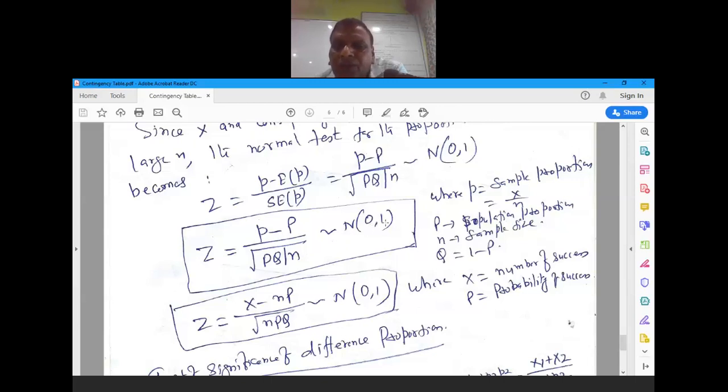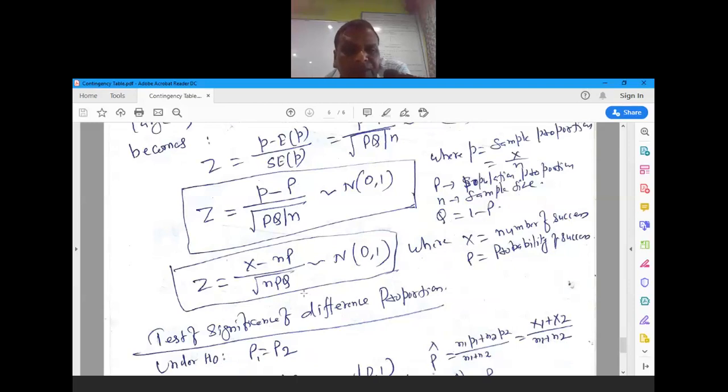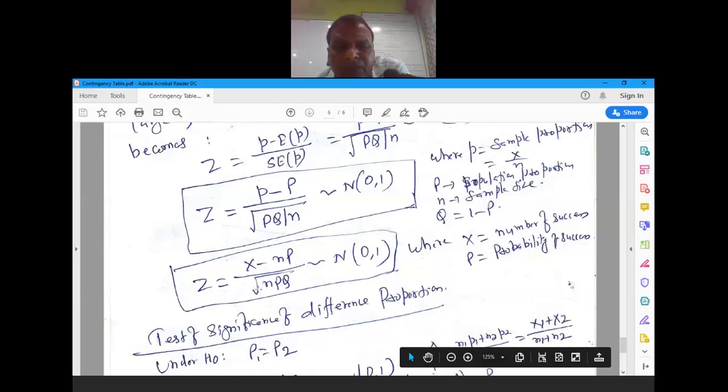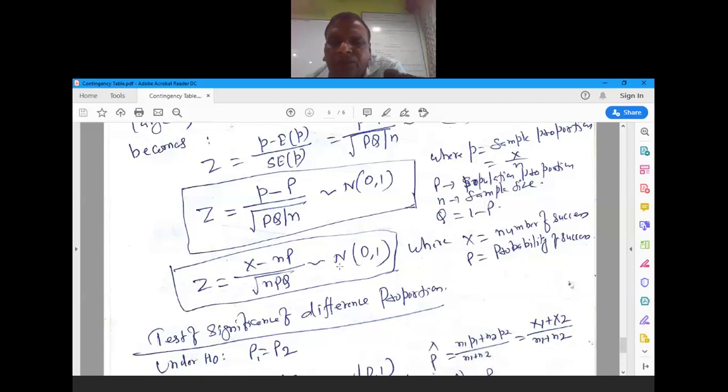Here small p is the sample proportion, equal to capital X upon n, capital P is the population proportion, n is the sample size, and capital Q is equal to 1 minus P. Or you may write it like this: z is equal to x minus np divided by the square root of npq. This follows a standard normal variate with mean 0 and variance 1. Here x is the number of successes and p is the probability of success.